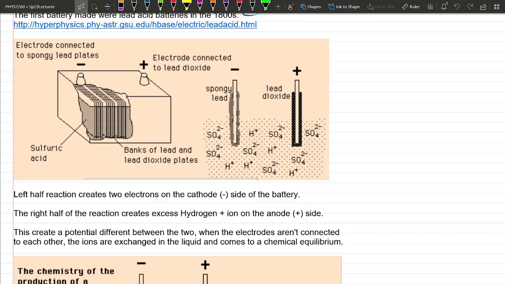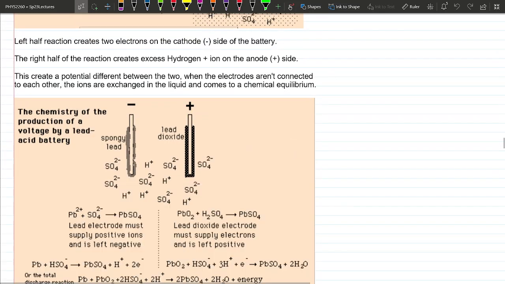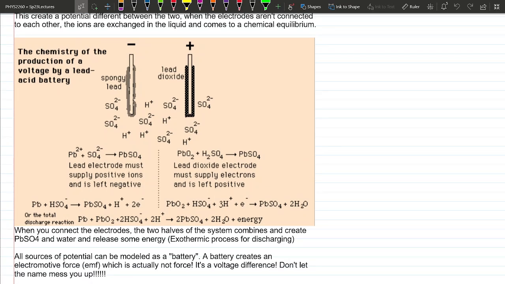What happens is that you immerse these panels in a bath of sulfuric acid, with some water. Of course acid can have water in it. And this little chemical equation happens, where the panels are made of lead.